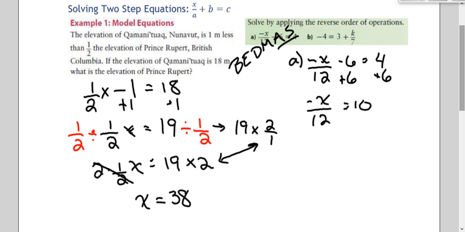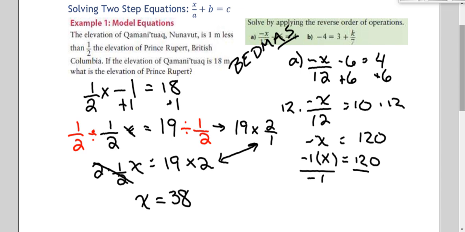And then this is dividing by 12, so we multiply by 12. And this is technically being multiplied by negative 1. So then we have to divide by negative 1. And we get x is equal to negative 120.